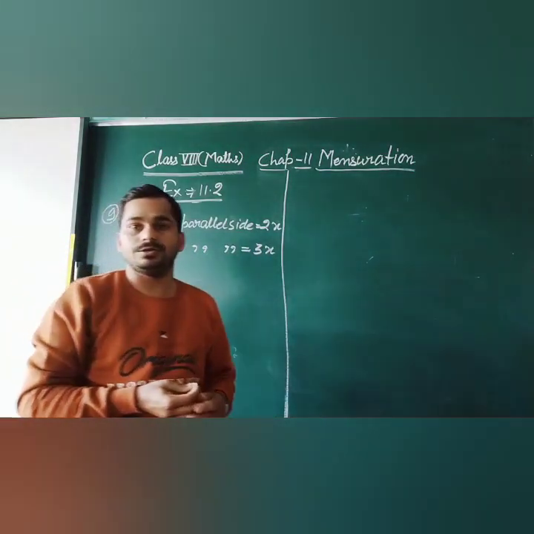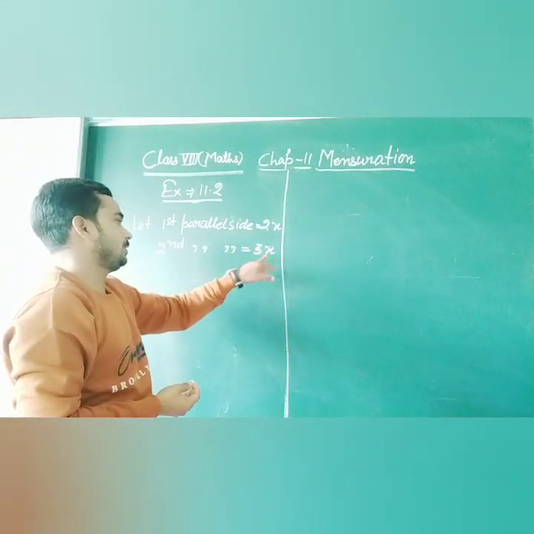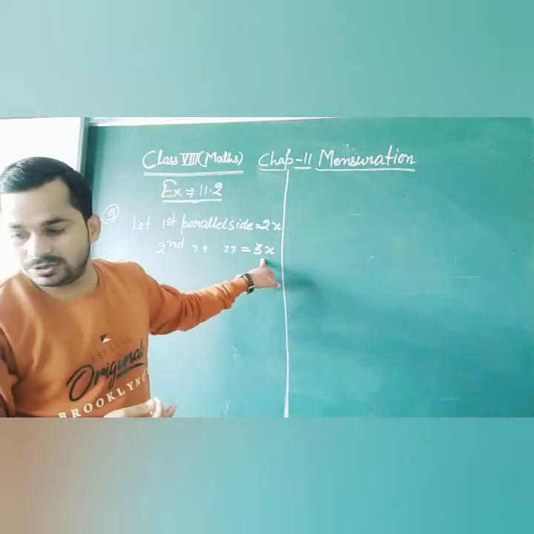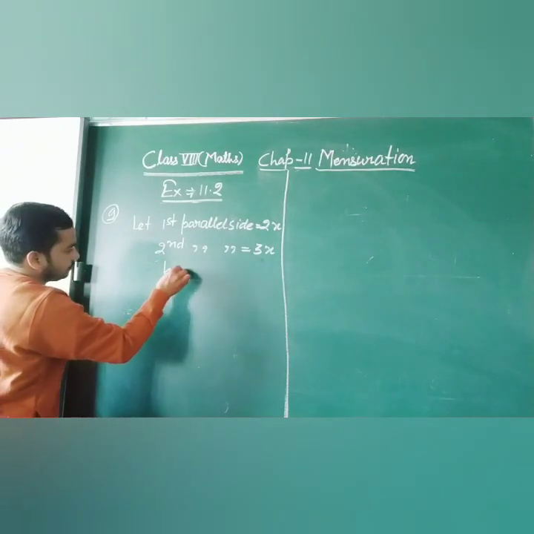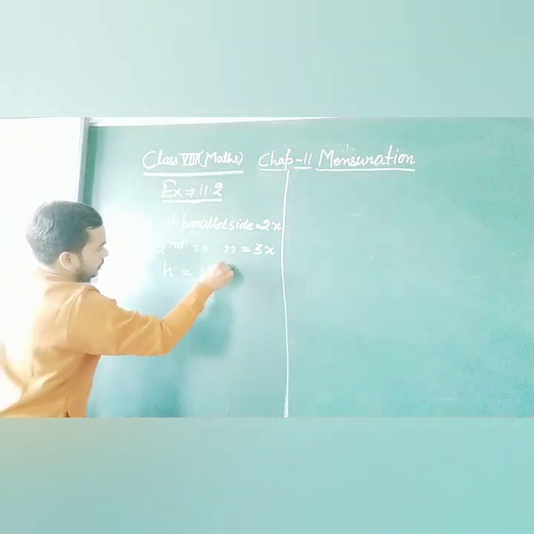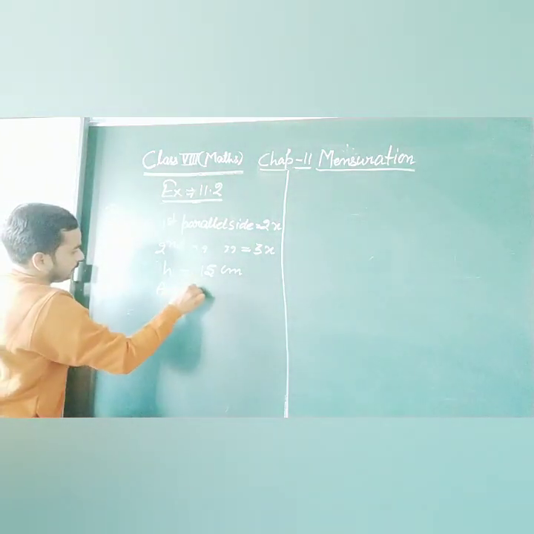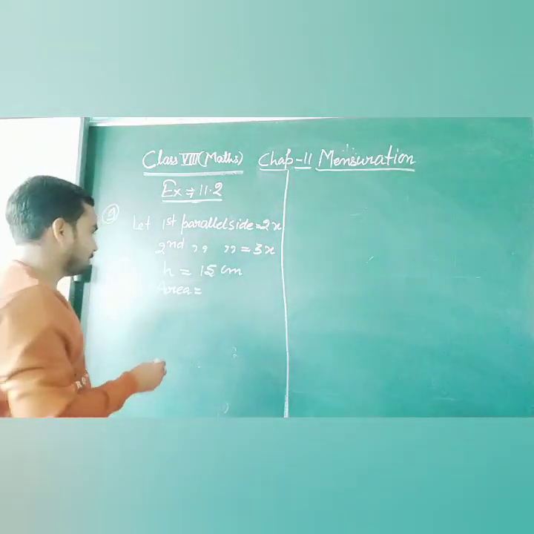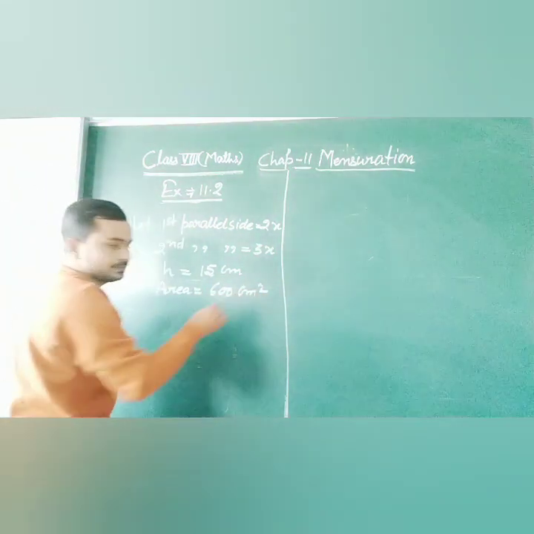Because ratio is given, we take the variable x, so 2x and 3x are the parallel sides of trapezium, and distance between them is given 15 centimeter. That means height is 15 centimeter, and area is also given, 600 centimeter square.